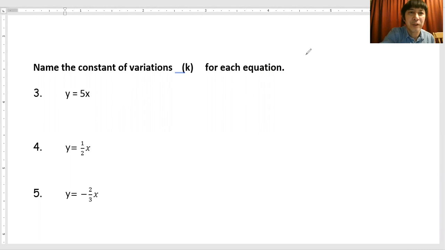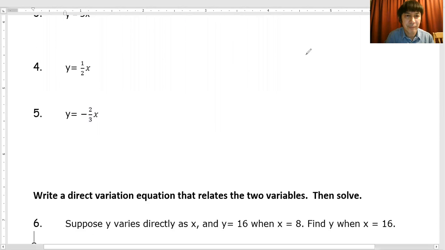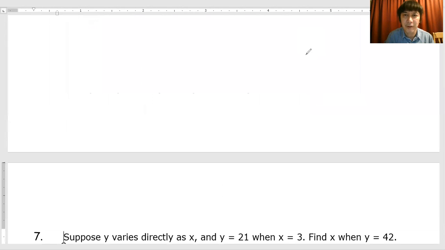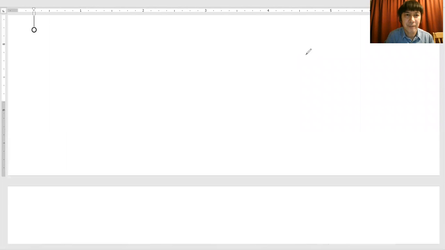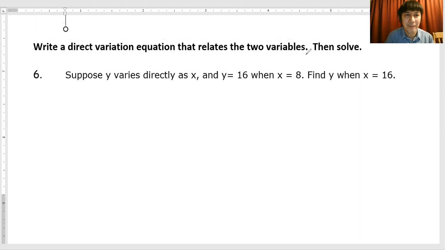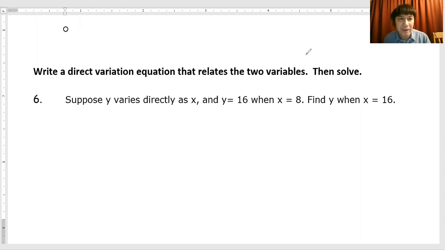Okay, so let me continue. All right, here's the next. Write a direct variation equation that relates the two variables, then solve.